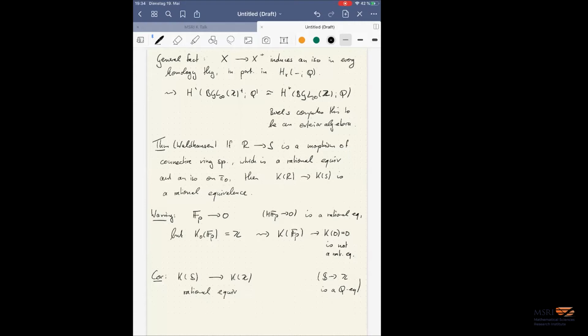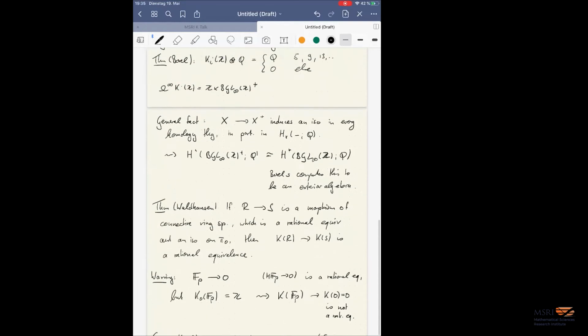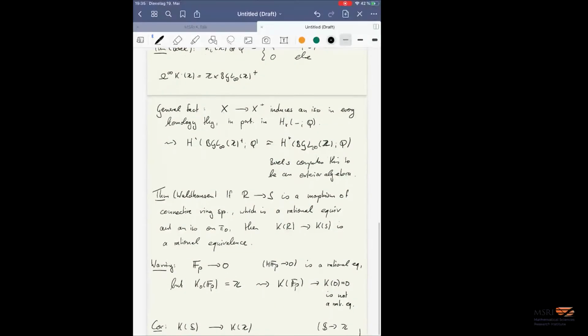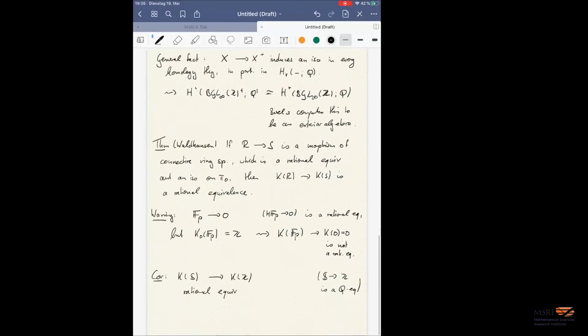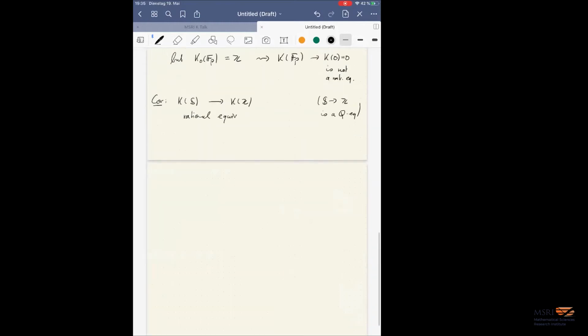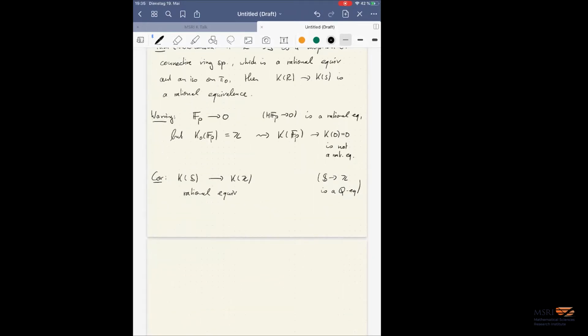And this way, one gets a powerful bridge from the rational information we've just computed into geometric topology. But I'm afraid this won't be the topic of my talk, but rather how to extend this theorem of Waldhausen and this partial understanding we have of rational K-theory in some sense to a higher level. And this will be about chromatic homotopy theory.